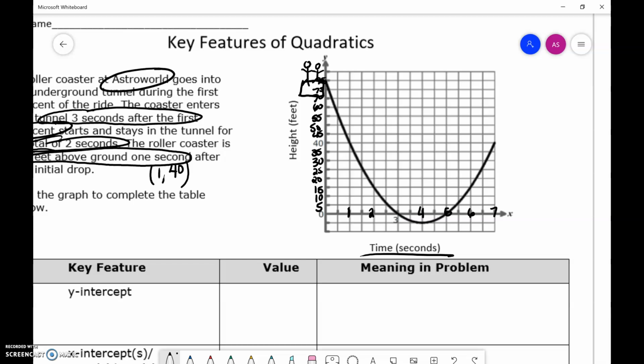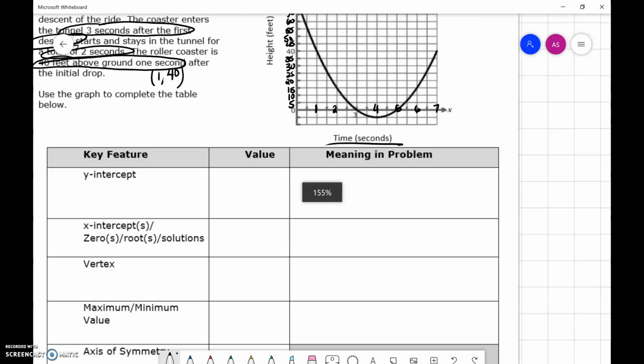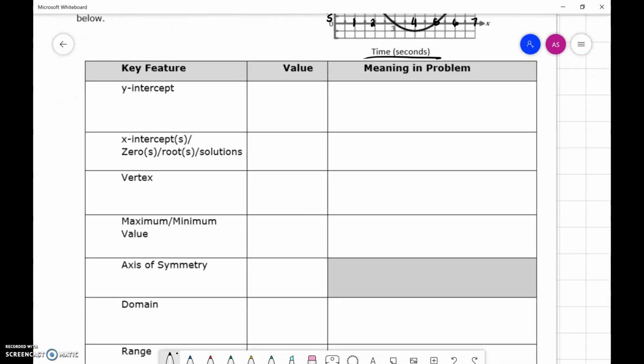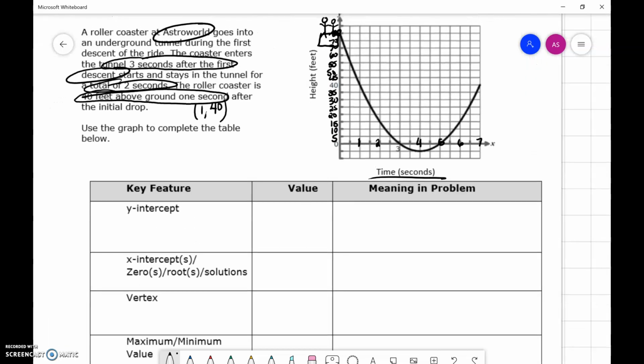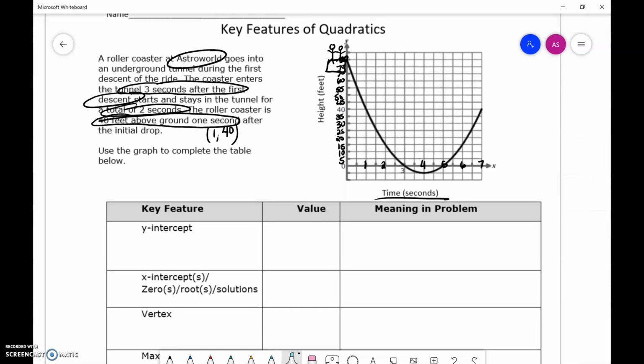Okay. So before we get into the meaning, let's go ahead and do the easy part. Let's identify our key features. So we know our y-intercept is where it crosses the y-axis. Okay, so we see here, we're starting at 0.75. So that's going to be our y-intercept.